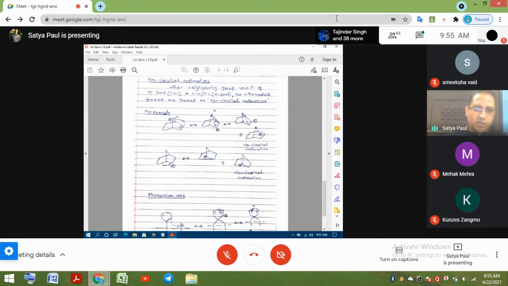First, it goes like this, so this carbon gets attached to this carbon. This is what I have written in the second structure. This means this carbon is attached to this carbon and we have a positive charge on this carbon. So this is structure 2.